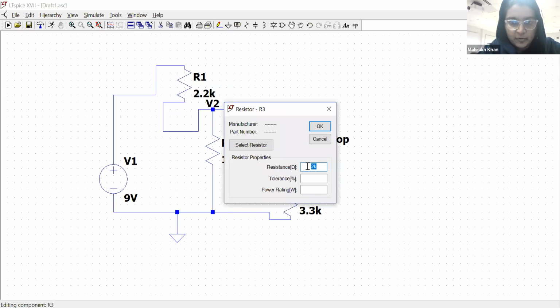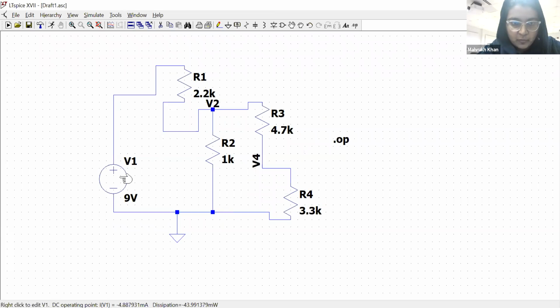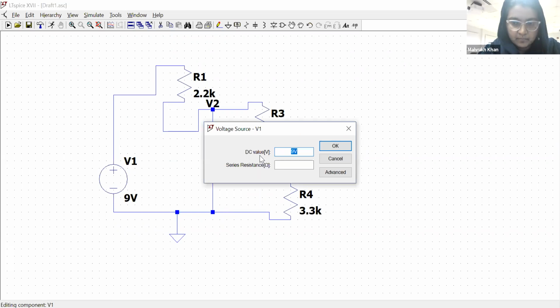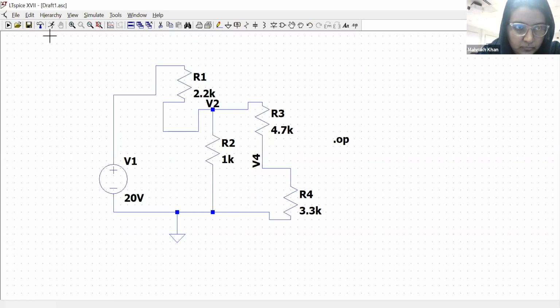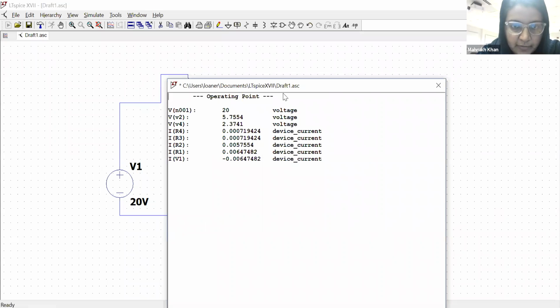So this was 4.7K and 3.3K, and this was 20 volts. So these were the values we were getting.